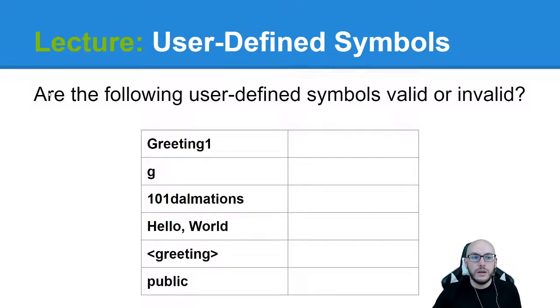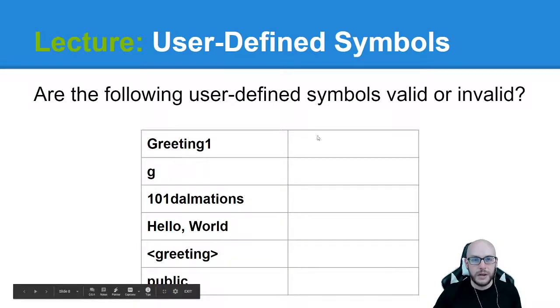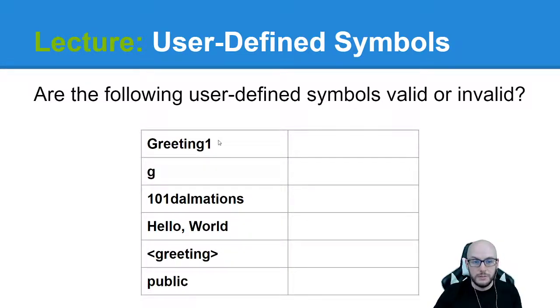So are the following user-defined symbols valid or invalid? I kind of want you maybe to pause and write down your solutions to these, but we're going to take a look. Greeting1, perfectly valid. G, valid, not great. This isn't a very descriptive user-defined symbol, but valid. 101Dalmatians, this one's invalid. The only reason being, we're starting with a digit.